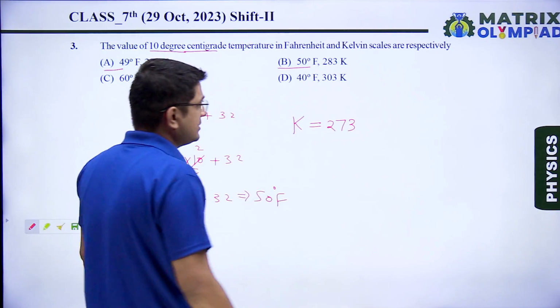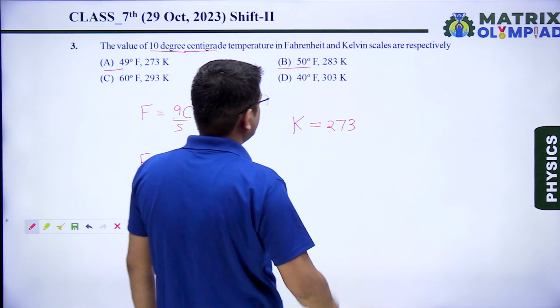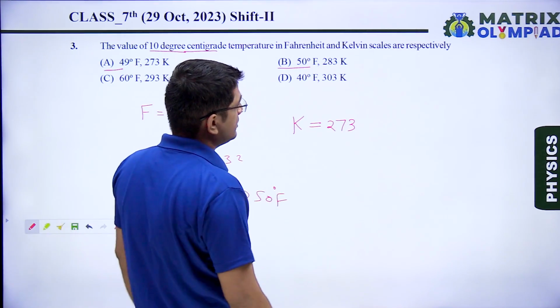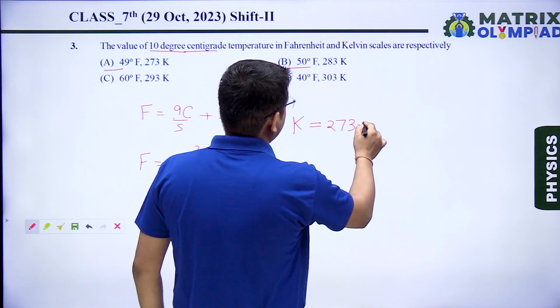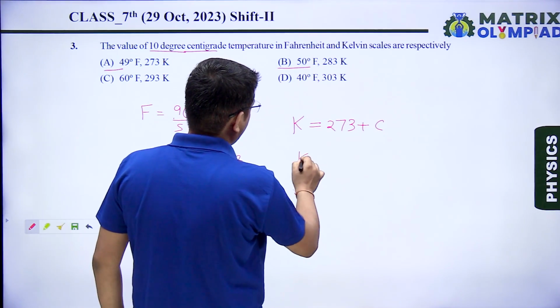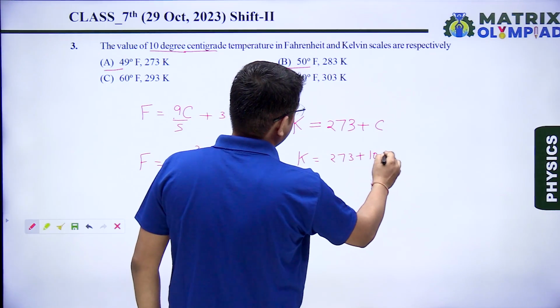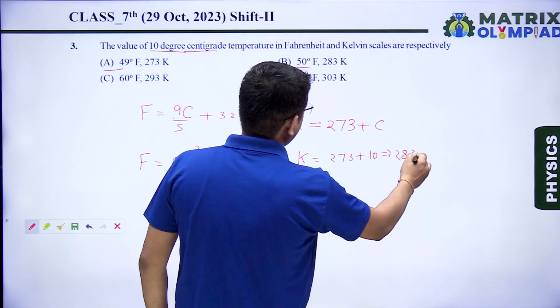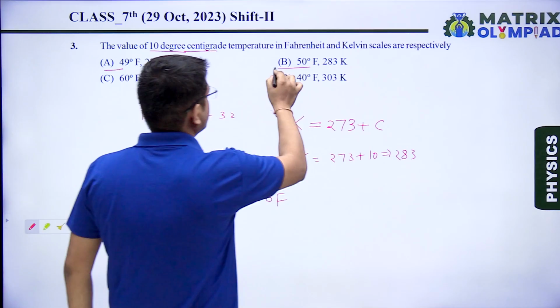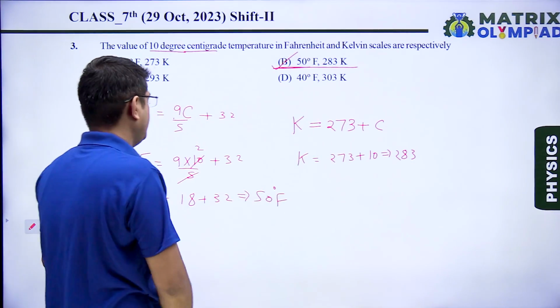Exact value is 273.15, but for round figure I am writing it 273 plus C. So from here we get value 273 plus 10, which becomes equal to 283 Kelvin. So our correct answer is option B.